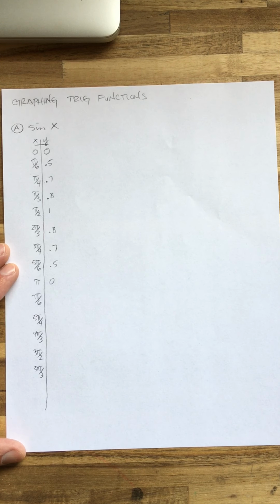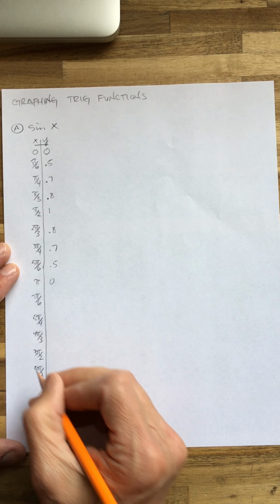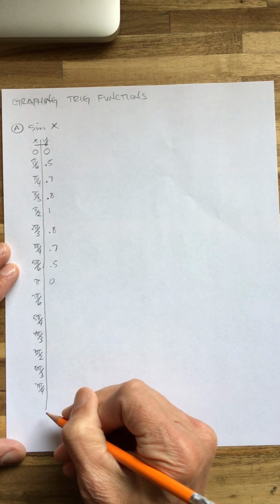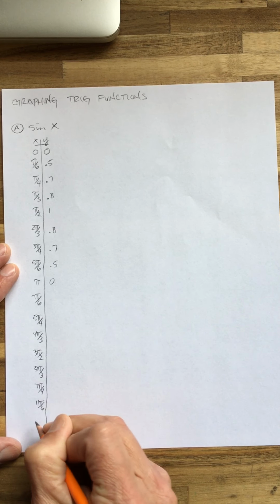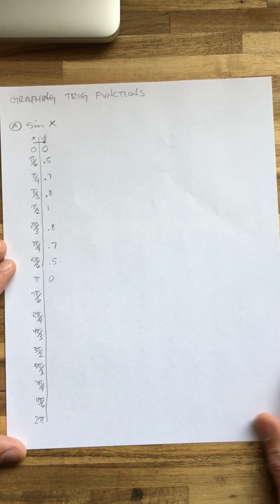And then 7 pi over 4, and then 11 pi over 6, and then 2 pi.